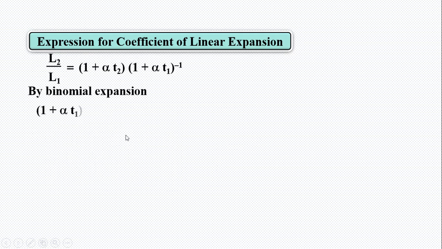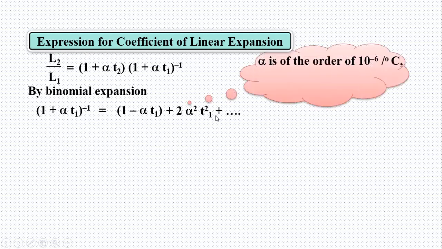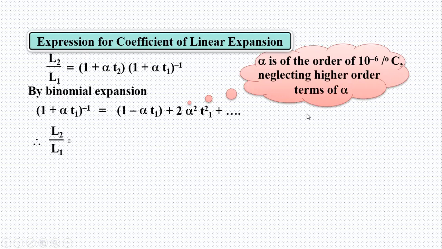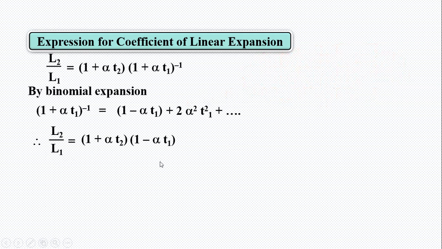Now by binomial expansion, 1 plus alpha T1 raised to minus 1, we get 1 minus alpha T1 plus alpha square T1 square and so on. मॅथ्स मध्ये आपण जेव्हा बायनॉमियल एक्सपान्शन चॅप्टर शिकू तेव्हा ह्या गोष्टी आपल्याला कळतील. सो अल्फा इज अ व्हेरी स्मॉल, कारण अल्फा ही खूप छोटी व्हॅल्यू आहे आणि त्याचं स्क्वेअर म्हटलं तर आणखी खूप छोटी व्हॅल्यू होईल. त्यामुळे त्यांना आपण काय करून टाकायचं, सरळ सरळ त्या अल्फा असणाऱ्या हायर ऑर्डरच्या टर्म्स निग्लेक्ट करून टाकायच्या. त्यामुळे L2 upon L1 is equal to 1 plus alpha T2 into 1 minus alpha T1.